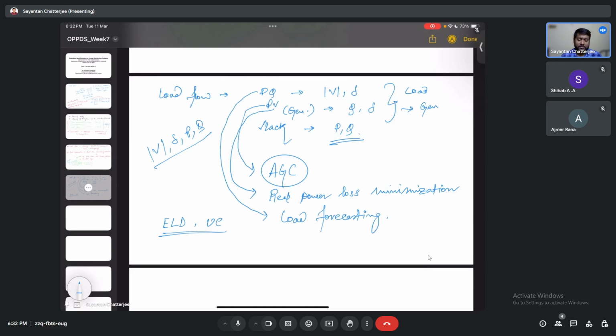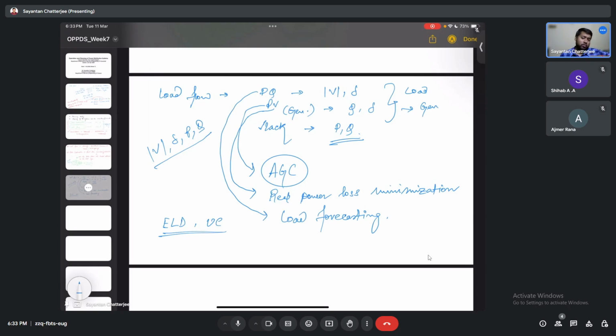In distribution systems too, it would be of a lower scale, but the operation would be the same. So the load flow is performed to get an overview of how the power distribution system would operate a day ahead, a week ahead.